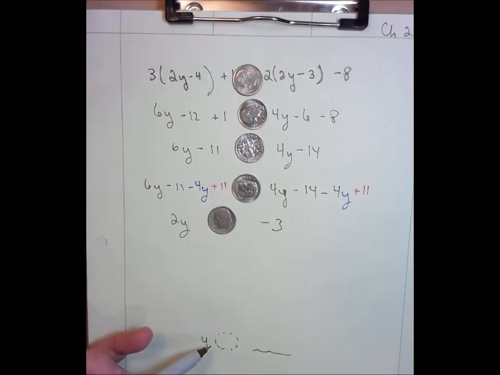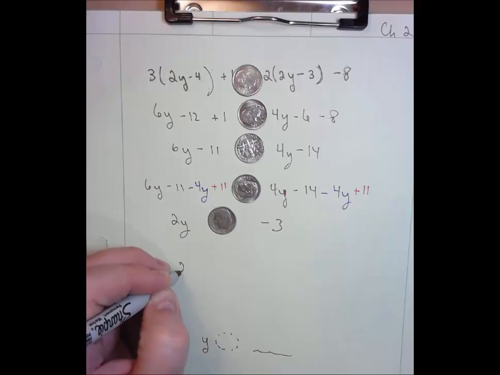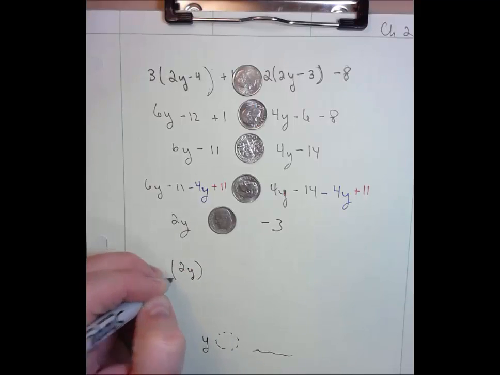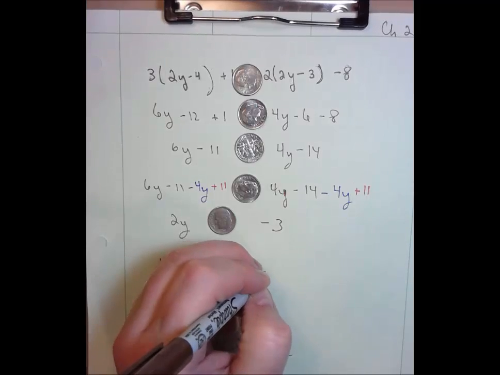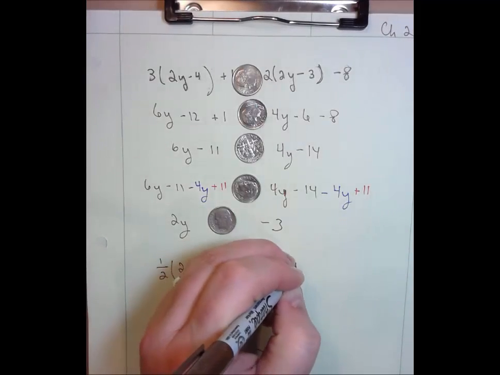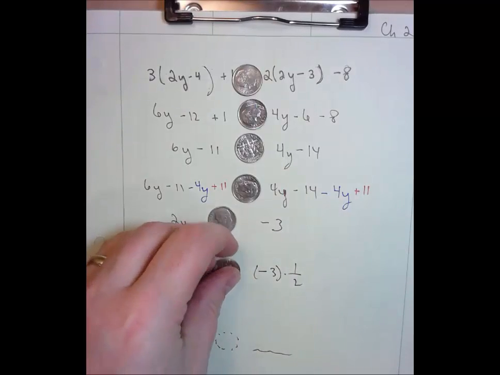I would like to isolate the y, so I can either divide both sides by 2, or, just to be a little different, I'll show another variety. I can take this 2y and say it would be nice if this was multiplied by 1/2. Since I am in charge of this expression, I am welcome to multiply the left-hand side by 1/2, but I have to remember to also multiply the right-hand side by 1/2.